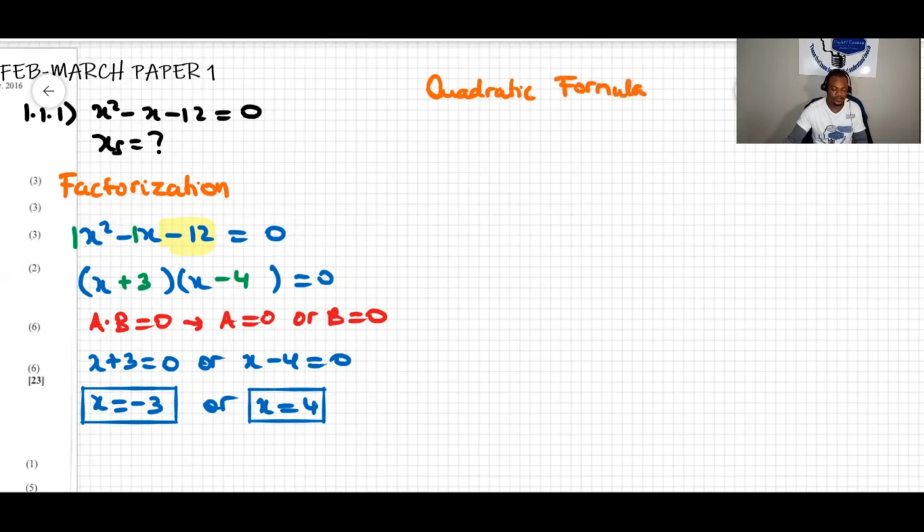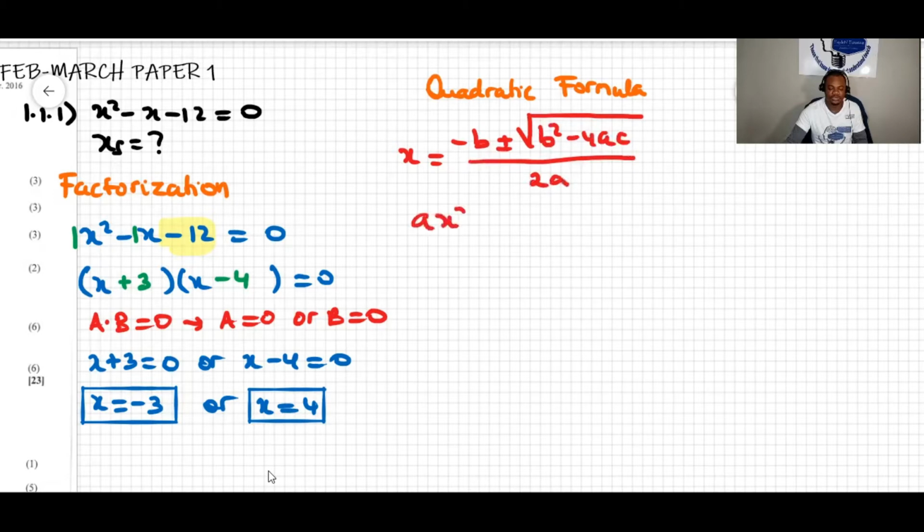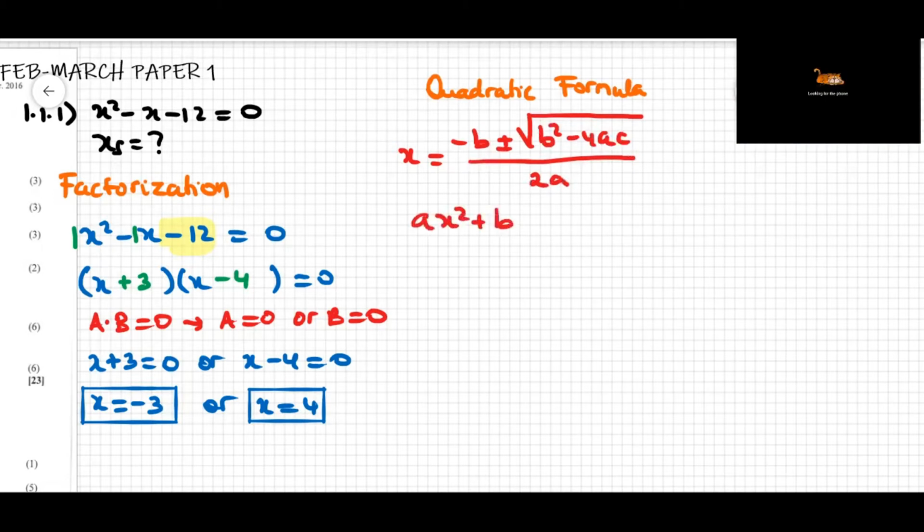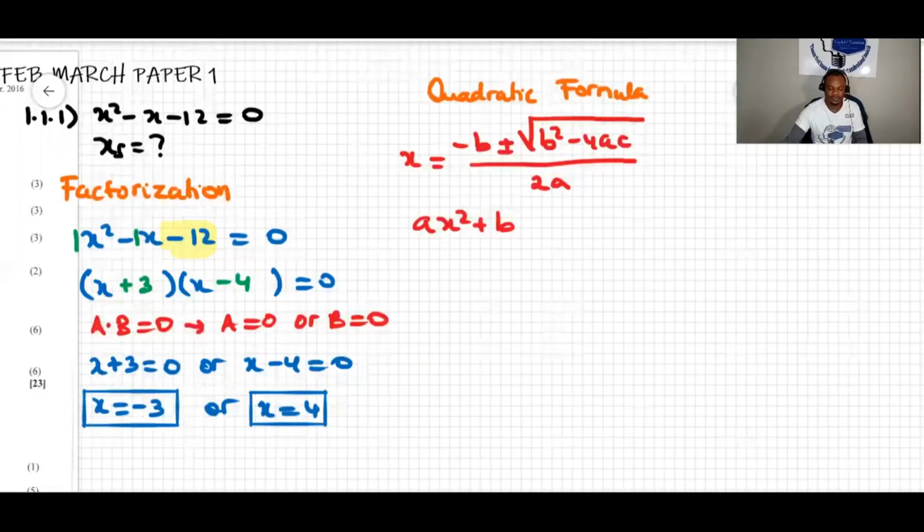We do know that the quadratic formula, also called the root, is given by x equal to -b plus or minus the square root of b squared minus 4ac all over 2a, while the quadratic equation itself is ax squared plus bx plus c equal to 0.